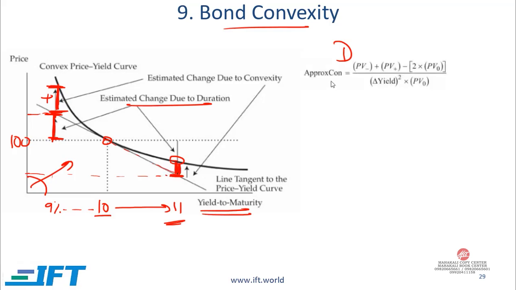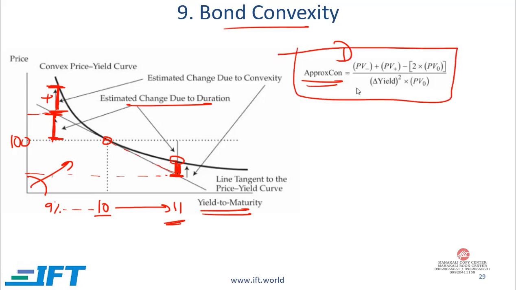Let us look at the formula now for convexity. The approximate convexity is given by this formula, which you need to learn. All the symbols should be familiar. PV minus is the value of the bond when the interest rate goes down. So if the interest rate goes down from 10% to 9%, then PV minus is this value, plus PV plus, that is the value of the bond if interest rates go up, minus 2 times PV naught, that is the original bond price, divided by yield squared.